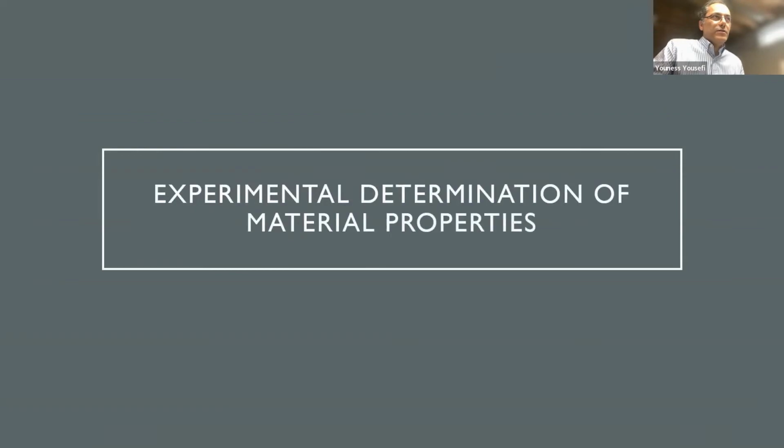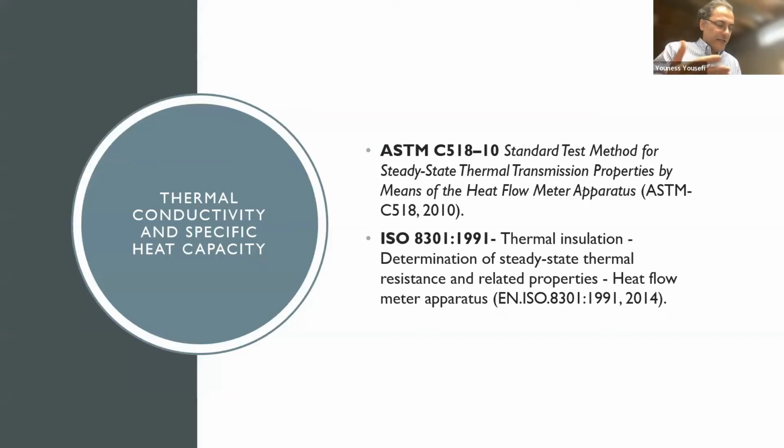So for the material preparation and test procedures, we started with thermal conductivity. For almost all of the properties, we used the ASTM standard for North America, and ISO, the European, or maybe the universal version of it.